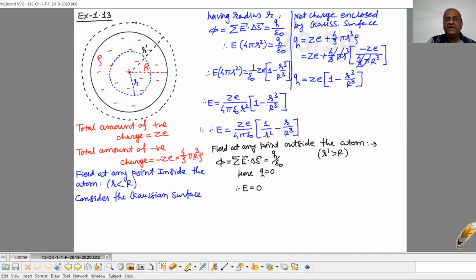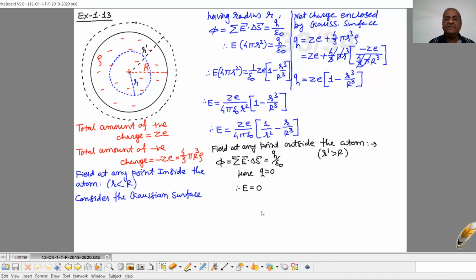But here r dash is greater than R, so the entire charge of the atom is enclosed by this particular Gaussian surface. The atom as a whole is electrically neutral. So the net charge enclosed by this Gaussian surface is 0. When Q equals 0, the net electric field will also be 0.